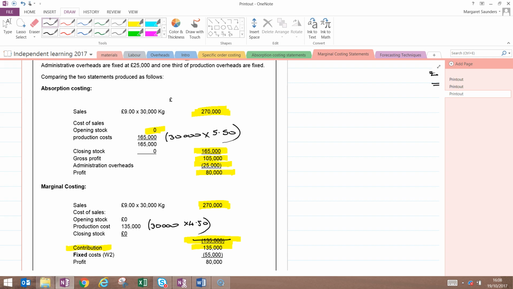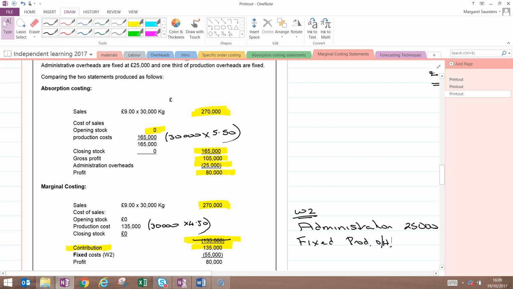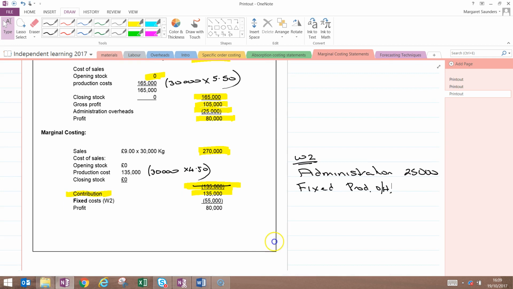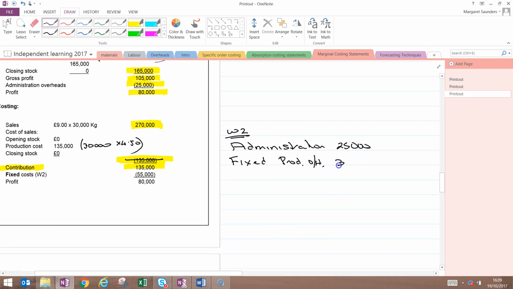Now with marginal costing, at this point we have not considered any of the fixed costs. So our fixed costs are going to be the administration, £25,000, but also the fixed production overheads. And we know that £1 per kilo is fixed. So for 30,000 kilos, £30,000 worth of fixed production overheads.